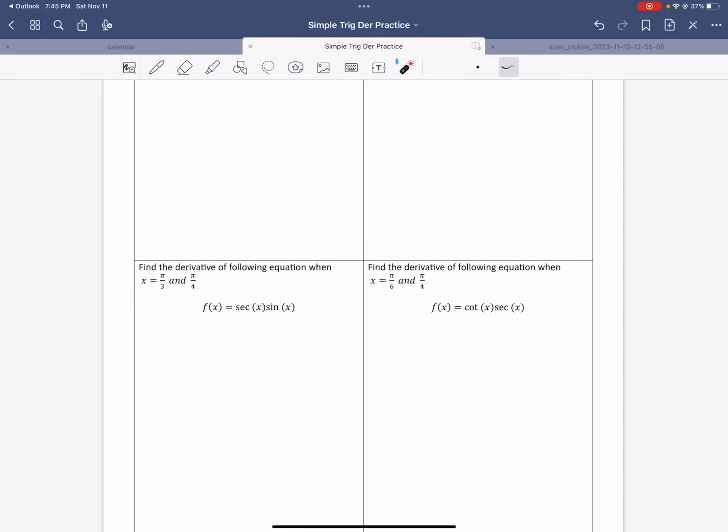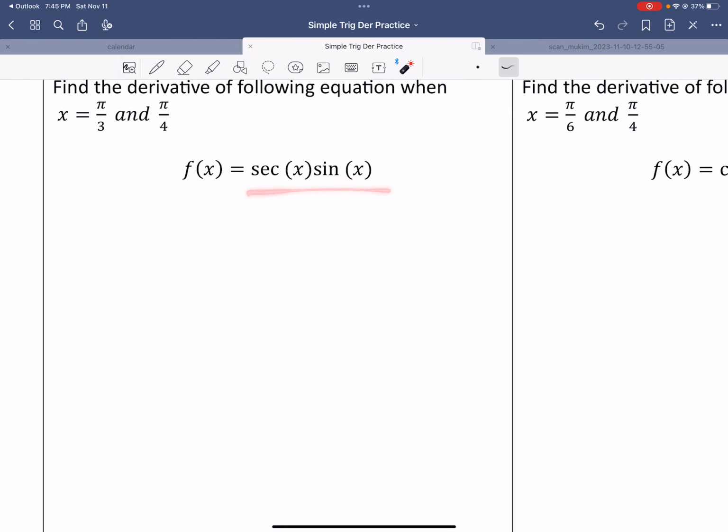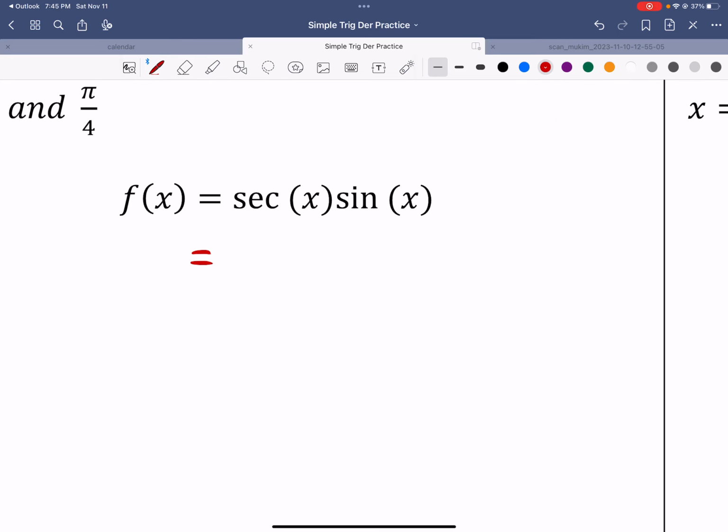Sometimes you can simplify this one. For example, secant, right? There are two ways of doing it. If you do the derivative, that's method number 1, which I do not recommend. You do the derivative of this one, which is going to be secant x times tangent x. That's the derivative of secant.